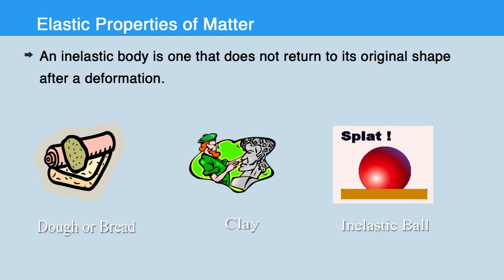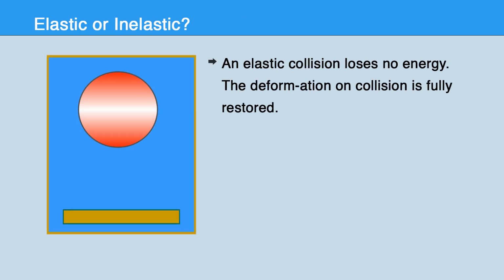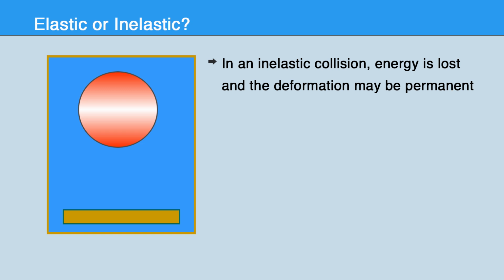That means the objects get squeezed or deformed when they hit each other. They go back to their original shape afterward. So, in an elastic collision, both the energy and the shapes of the objects stay the same before and after they collide. In an inelastic collision, energy is lost and the deformation may be permanent.